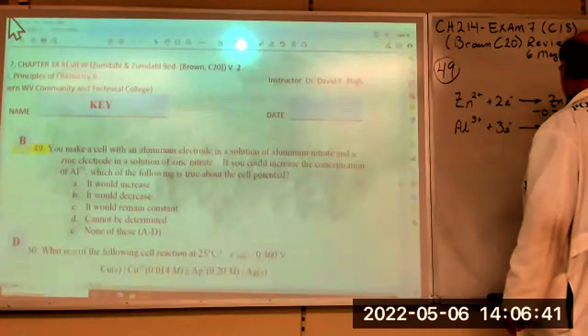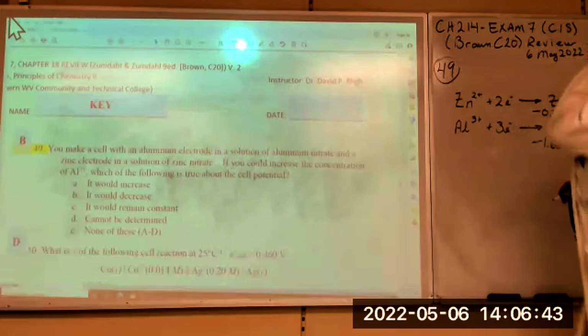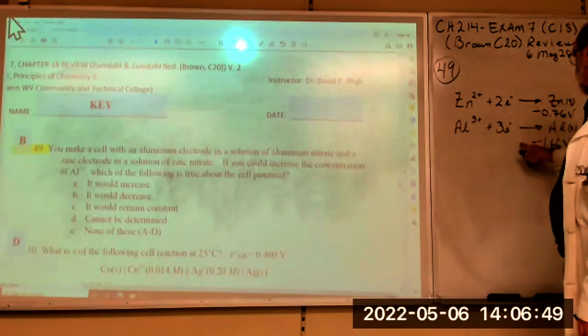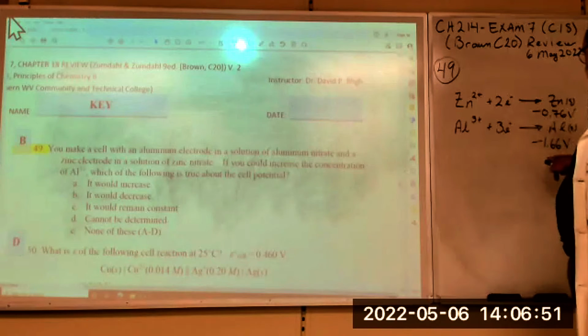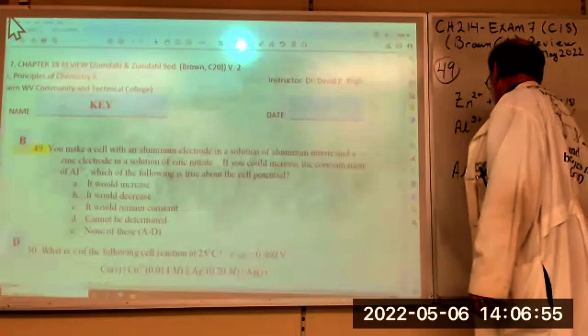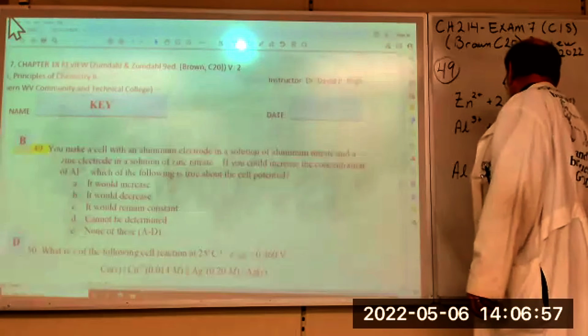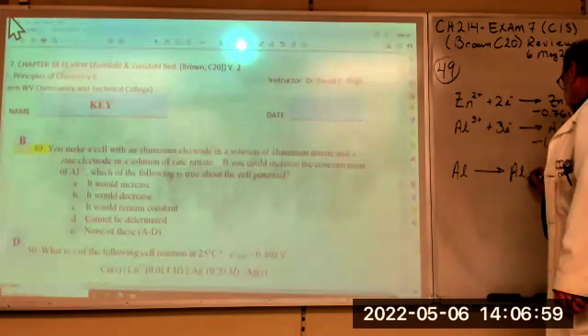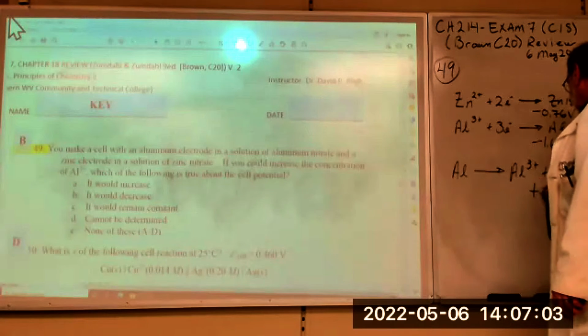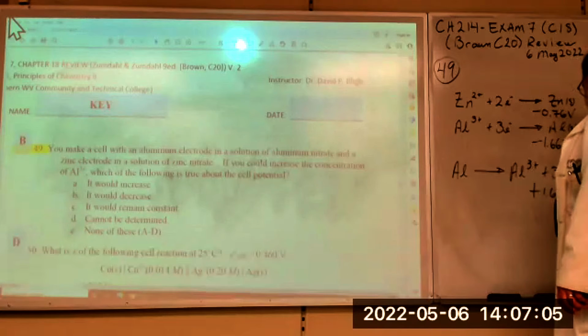Minus 0.76 volts. Okay, so this tells us which direction is which. This one would have to be inverted to give us a positive. So that means this one's going to be the anode. Aluminum yields aluminum 3+ plus 3 electrons at plus 1.66 volts.